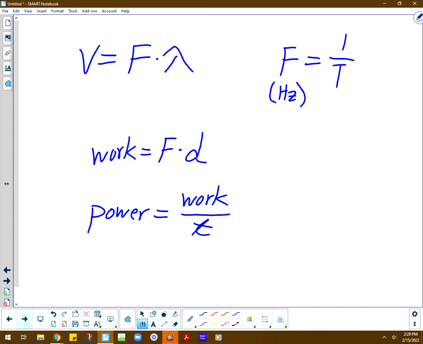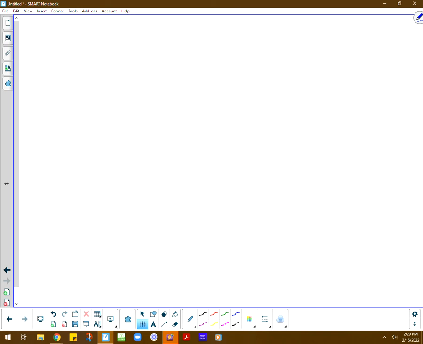Cycles on top, seconds on bottom. Watts, right above that, it tells you that a watt is equal to joules per second, or Newton meters per second. Okay?